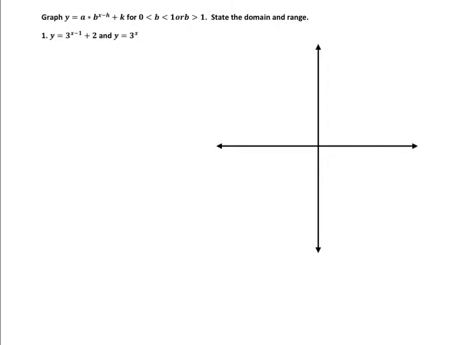Alright, so it says graph y equals a times b to the x minus h, plus k. It's the same h, same k, same a. So here, a is 1 because it's just 3. b is 3. h is 1. k is 2.